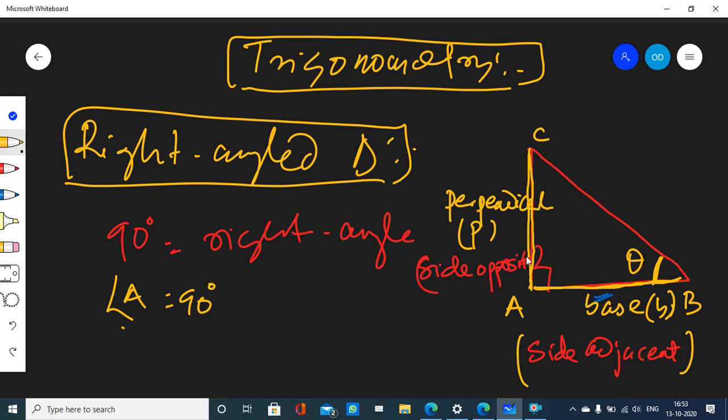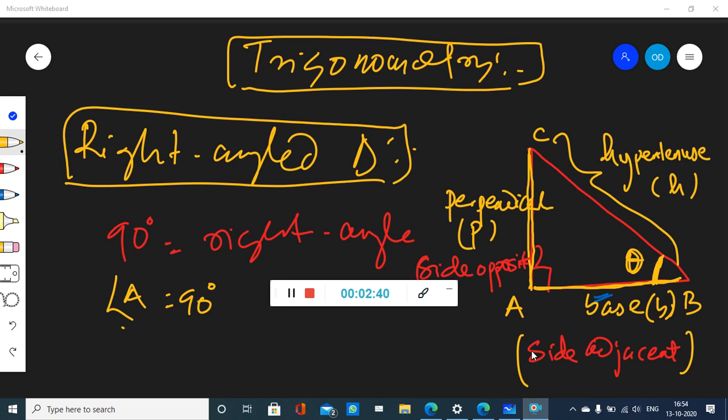Why do we call it side opposite? Because it is the opposite side of this angle theta, the angle that you are considering. And this is called hypotenuse. Its length is denoted by small h, right?